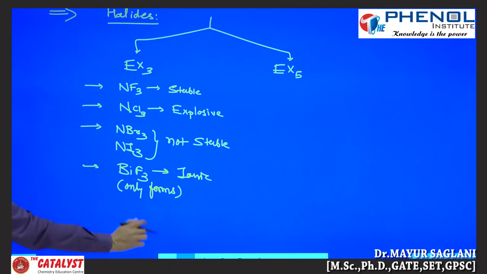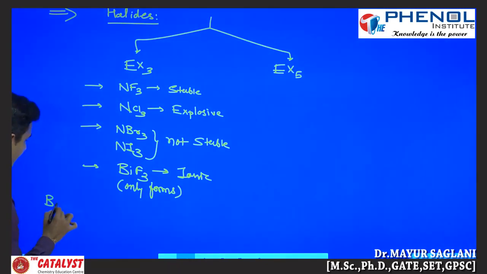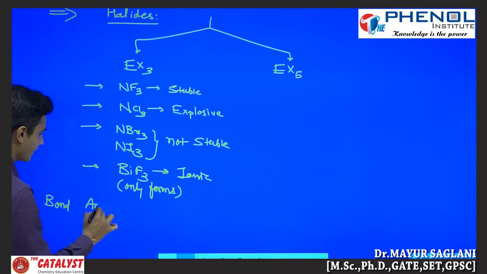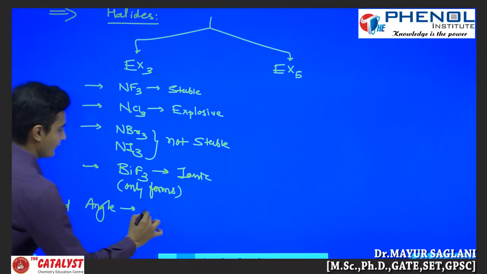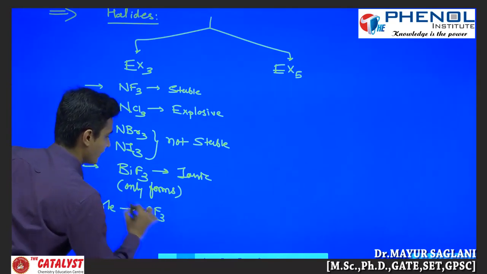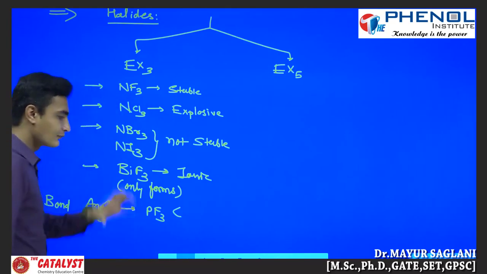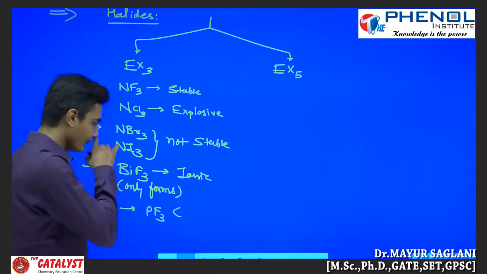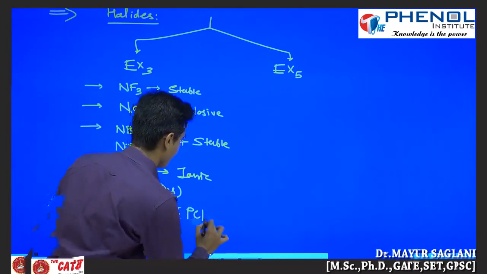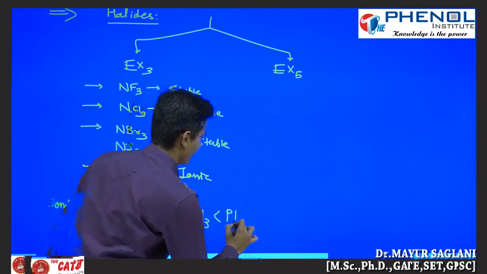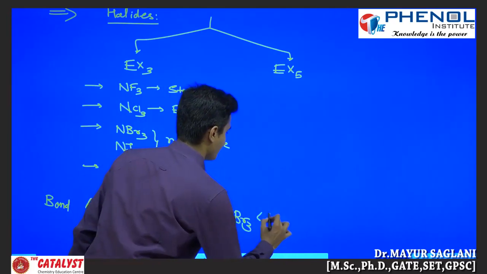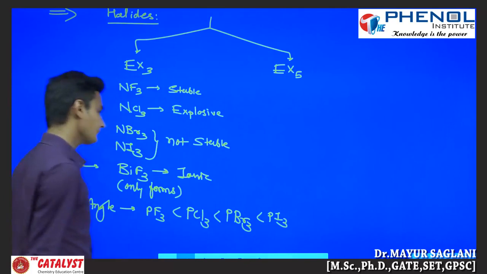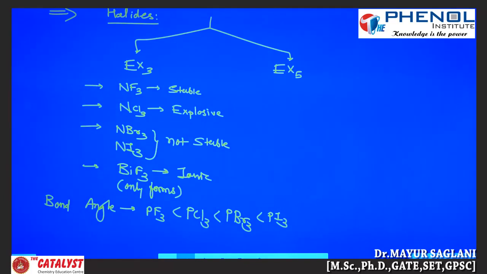And here, if you see the bond angle, PF3 has the smallest bond angle according to VSEPR. PCl3 has a larger bond angle, then PBr3 and PI3. This one is the bond angle.